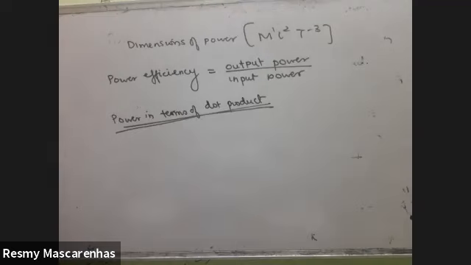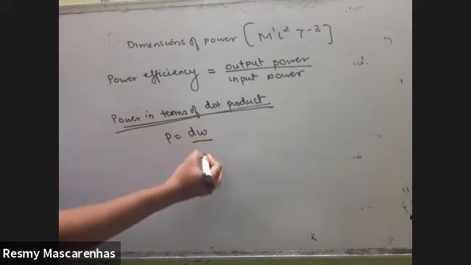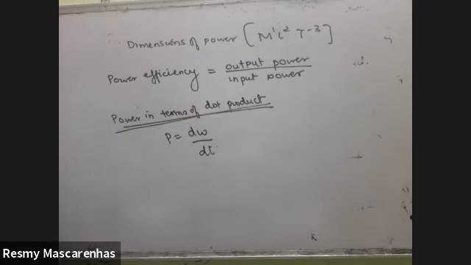Power can be written as change in work upon change in time. Always final work minus initial, upon the time difference. So power is nothing but work done upon time. If you're using d for work, you have to use d for the time also.